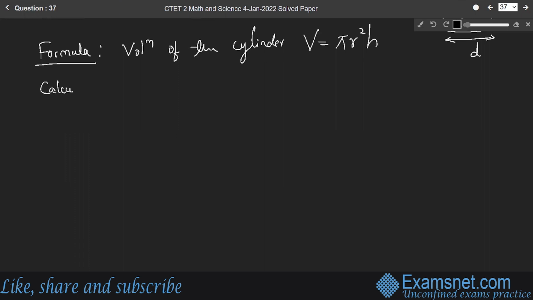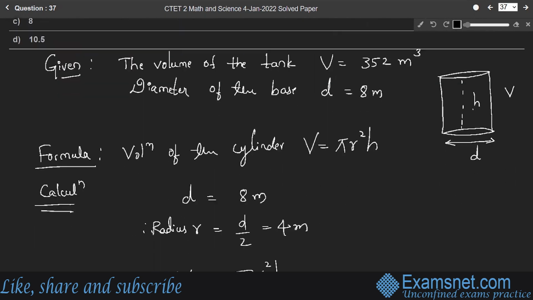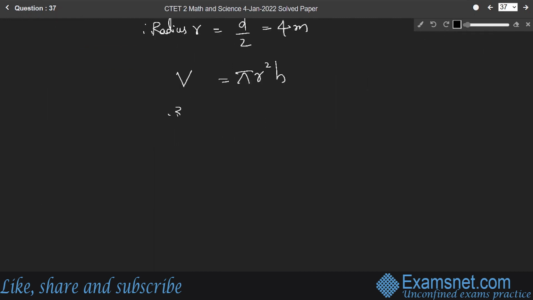Calculation. So diameter is 8 meter. Therefore, radius r is equal to d by 2, that is 4 meter. And V is equal to pi r square h. V is 352 meter cube. 352 is equal to 22 by 7 into 4 square into height.